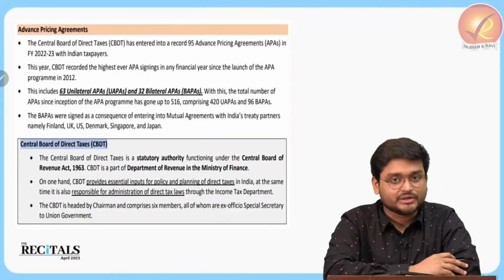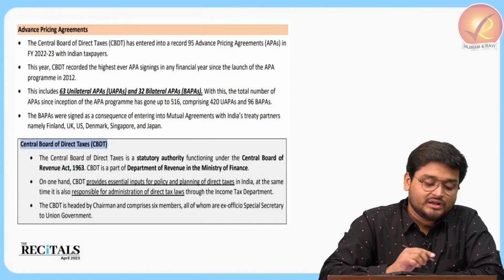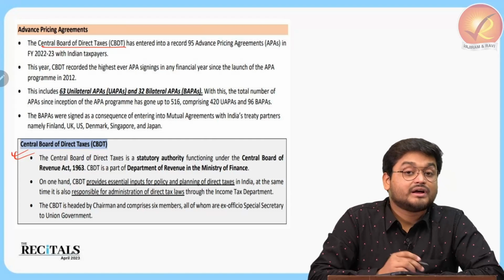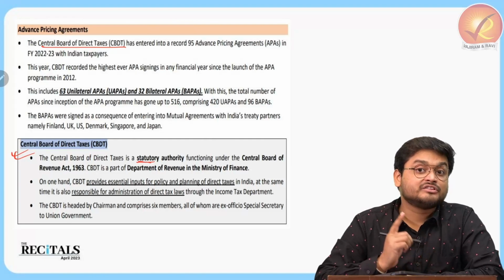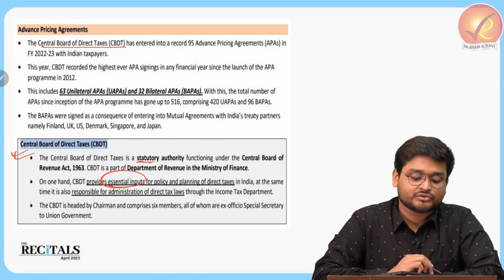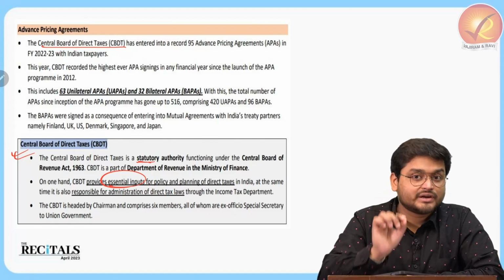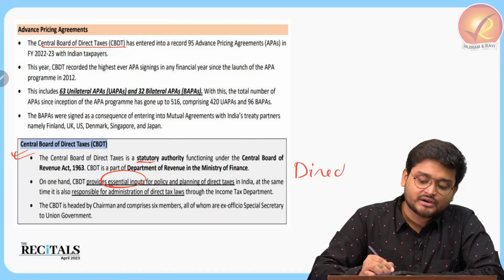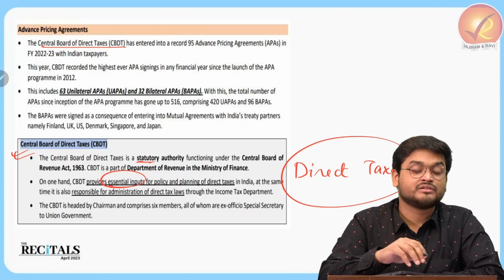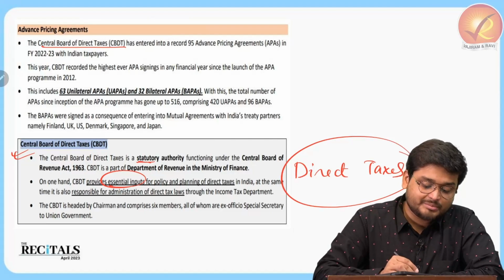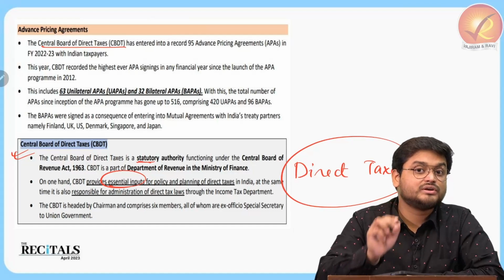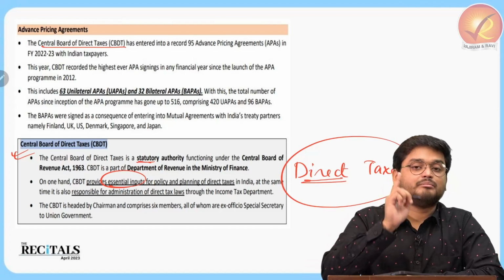And the context of the news is that the Central Board of Direct Taxes in India, which is a statutory body, and what does it do? This is a very important body because it provides inputs for all the policy considerations related to our direct taxes. Direct taxes are our income taxes, corporation taxes. So CBDT, or Central Board of Direct Taxes, is a statutory body that looks into direct tax matters.